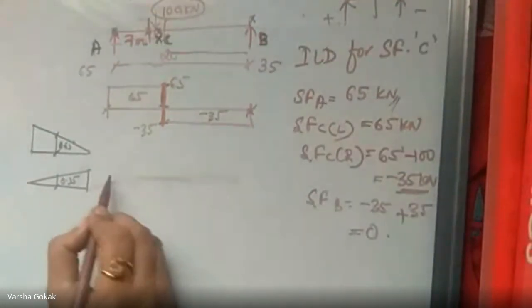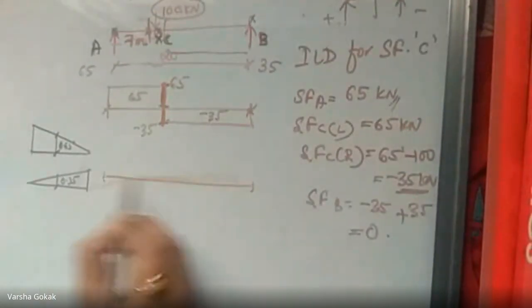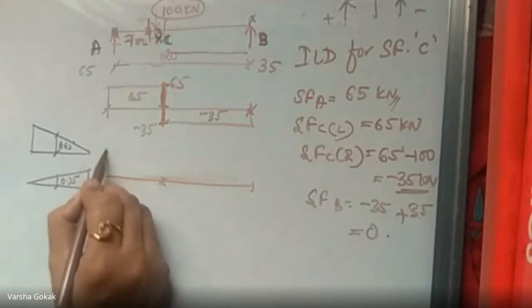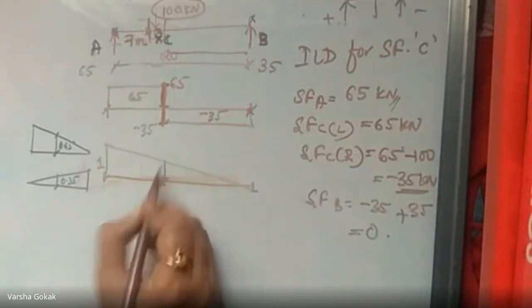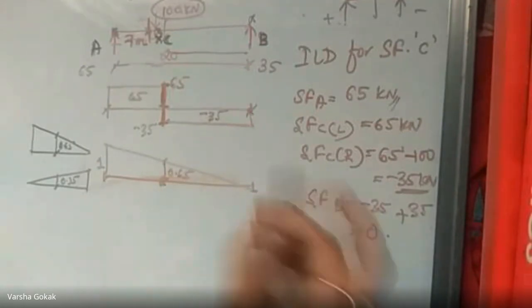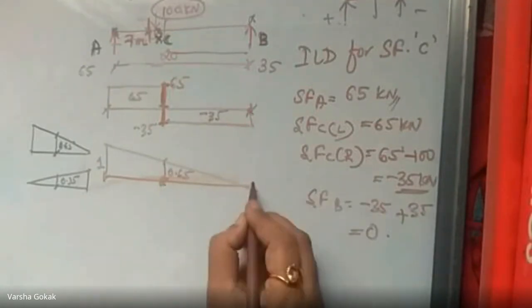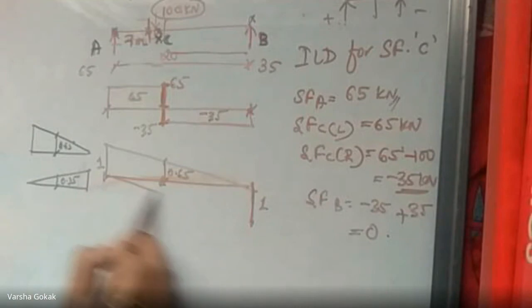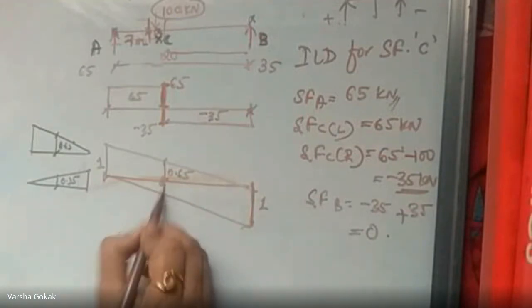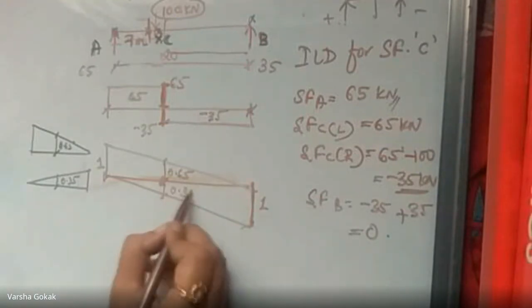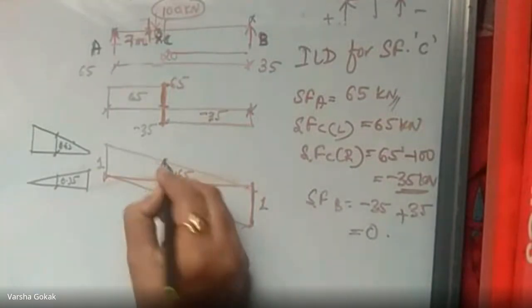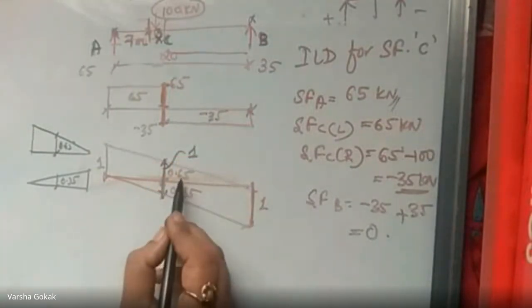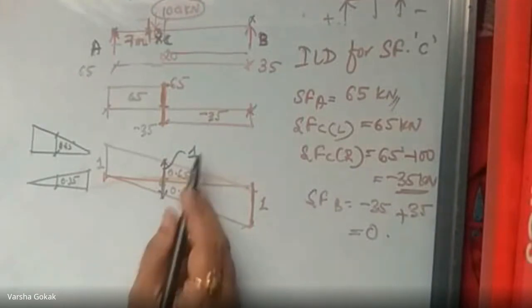So if I draw one diagram now, keeping this as a point, this is 1. This was your 0.65. And ILD at B, here it was 1. And this goes like this. This is 1. So remaining is 0.35. So overall, total is what? Total is 1 only. That is 0.65 plus 0.35 is 1 only.